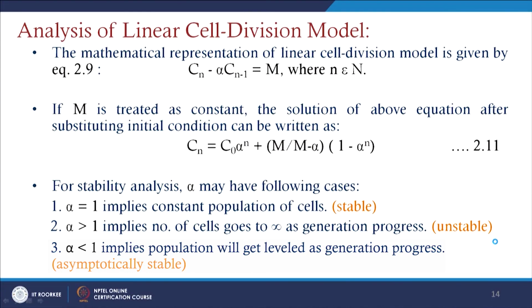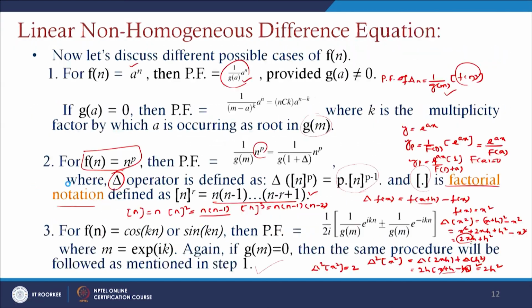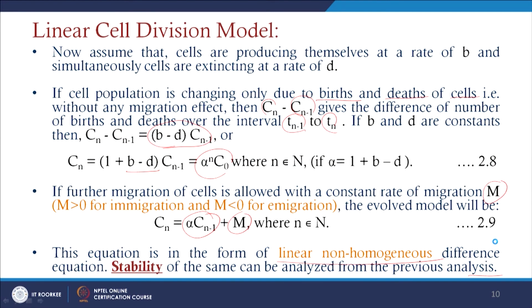Now, if you go for the analysis of a linear cell division model, the mathematical model representation of a linear cell division model is given as equation 2.9. If you see the previous slide here, that is C n equals to alpha C n minus 1 plus m here.